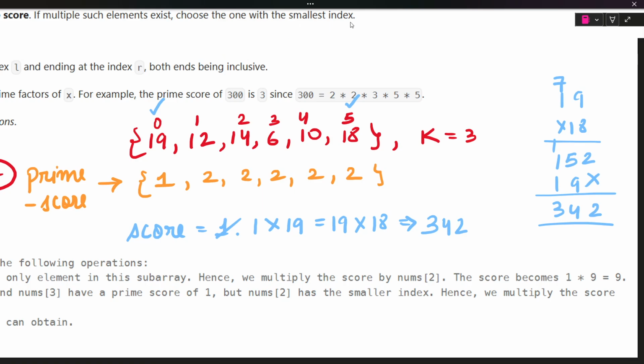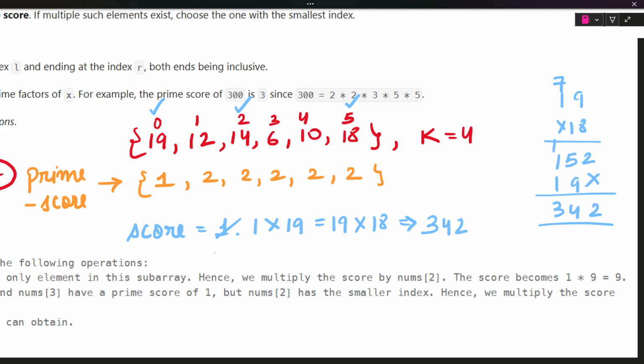We should be choosing the next greater element, which is 40, right? So we go to 40. Let me increase the value of k. Let's suppose it's 4. Now things will be clear. So we choose the 40.